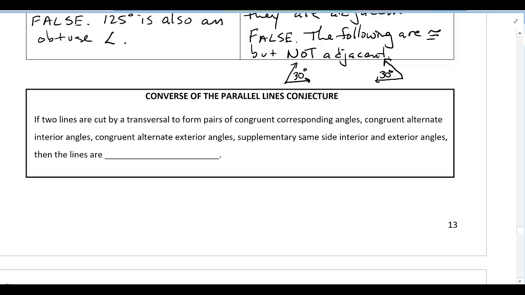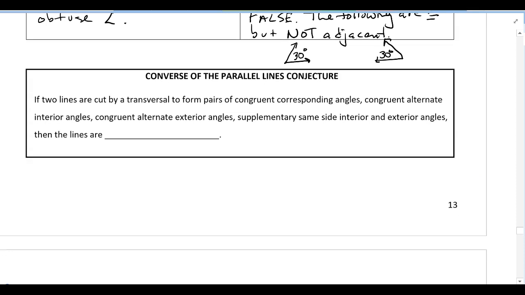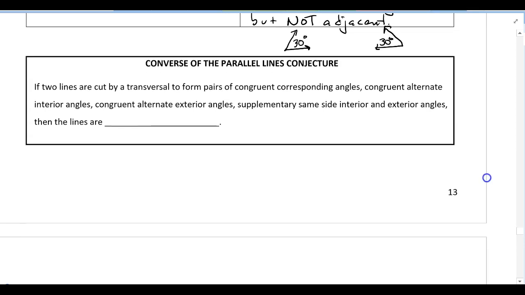And that said that if we knew two lines were parallel, then some very special things happened with the special angle pairs. It turns out that any of the special angle pairs are either congruent or supplementary. So now we're going to go the other way.